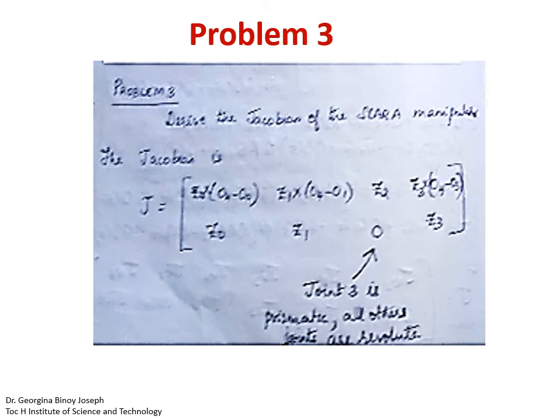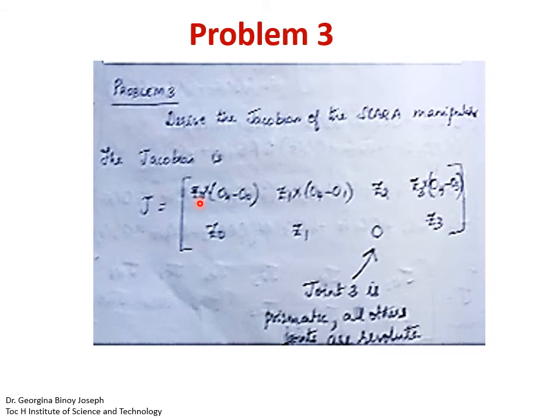Now moving on to problem 3, the Jacobian of the SCARA manipulator. The SCARA manipulator that we did in module 4 had 3 joints in the arm and 1 revolute joint in the wrist. So just like we wrote before, there are 4 joints in total, O0 to O3, and the last joint origin we call O4.